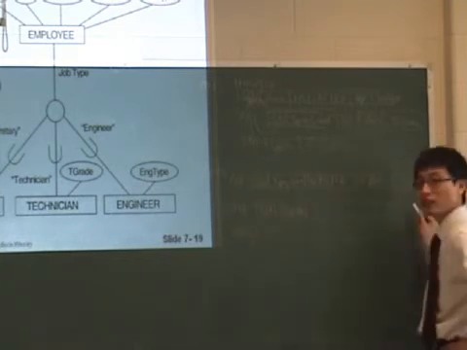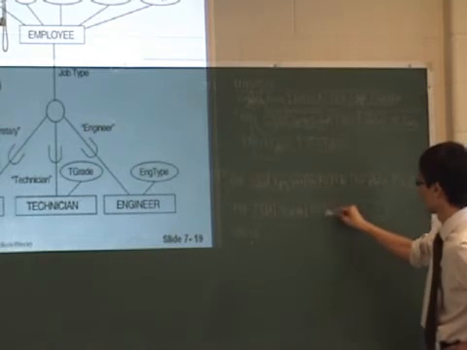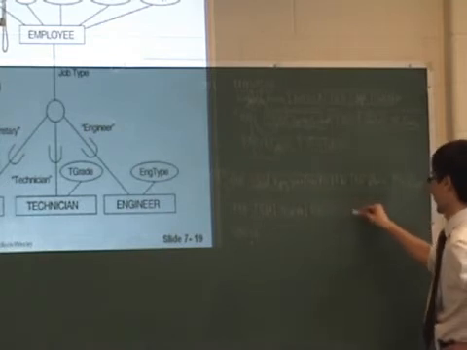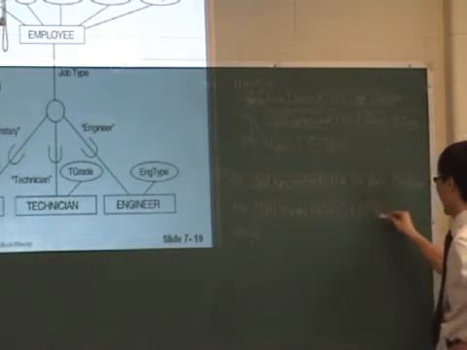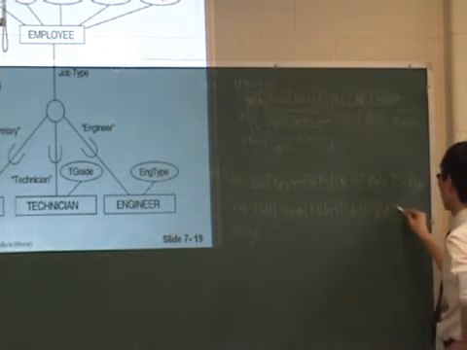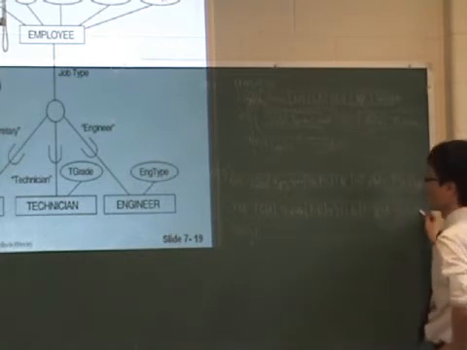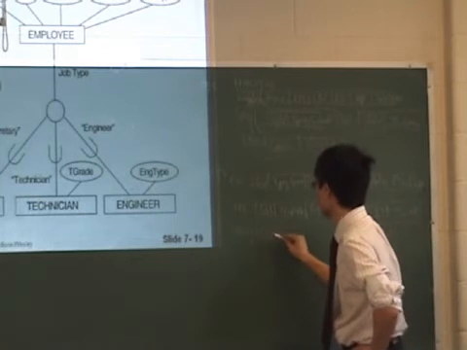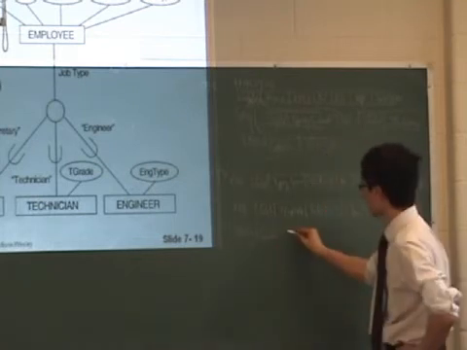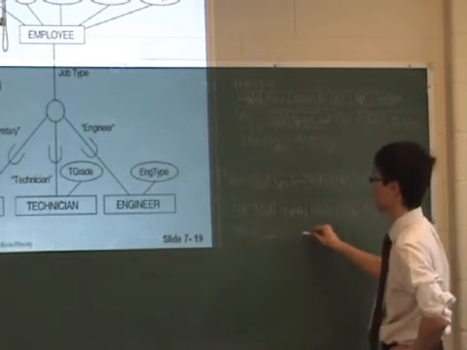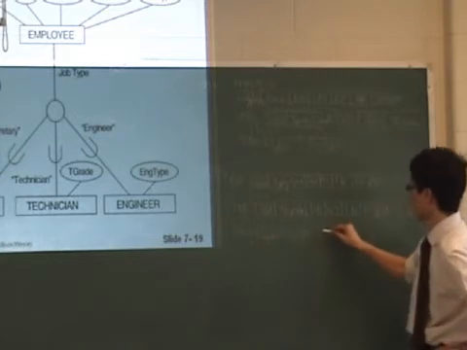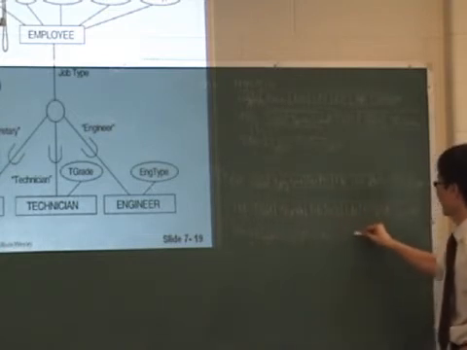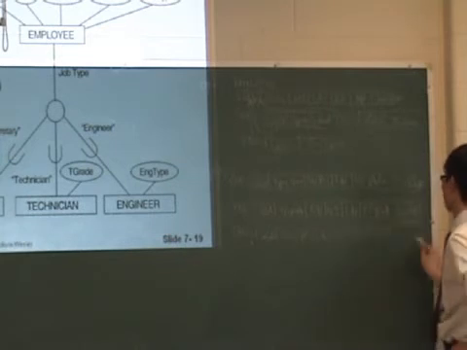Then exactly the same thing. First name, middle name initial, last name, birthday, address, and job type. What about engineer? SSN, engineer, time. And first name, middle name initial, last name, birthday, address, job type.